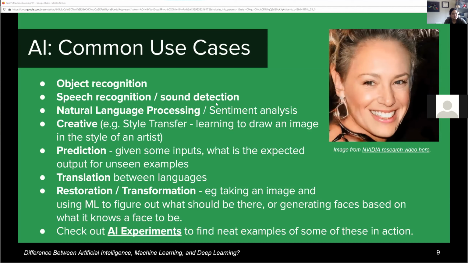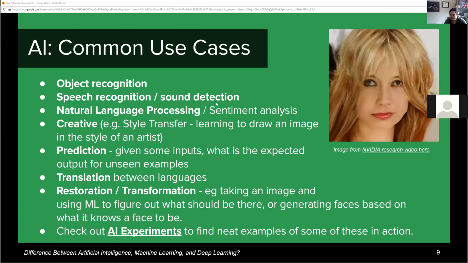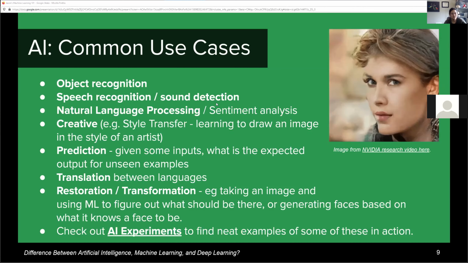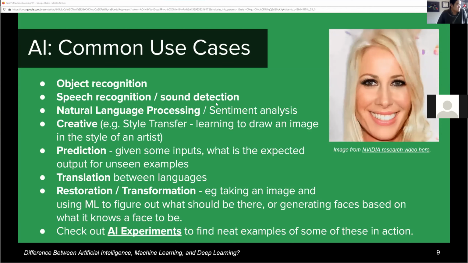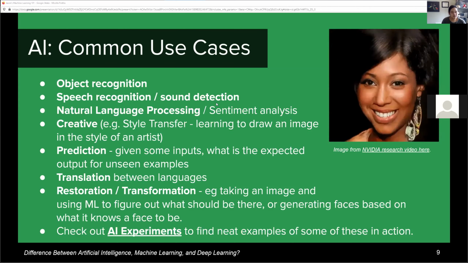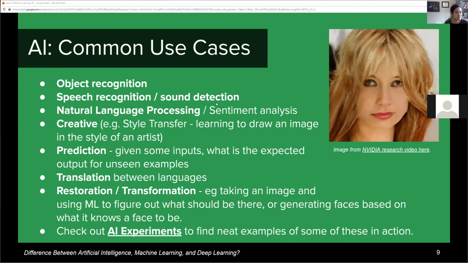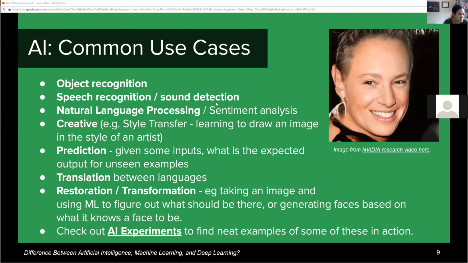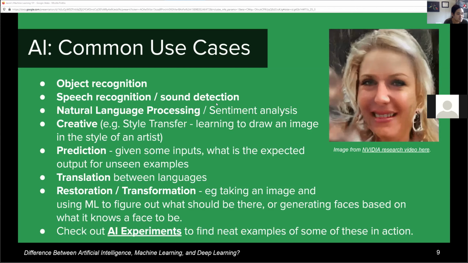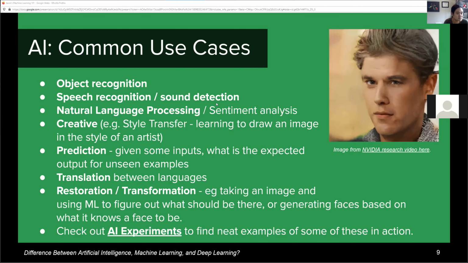You have speech recognition and sound detection. So if I pull up Google Translate and essentially type it or say something, it's following some sort of Markov model and predicting what it thinks the word is going to be, right?